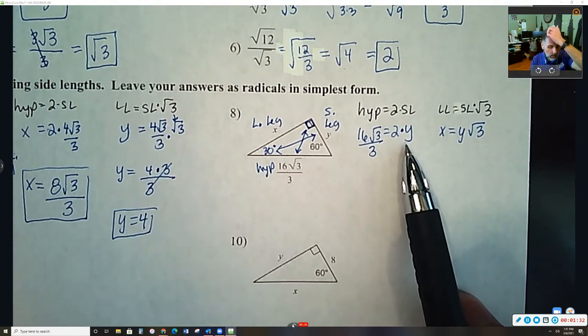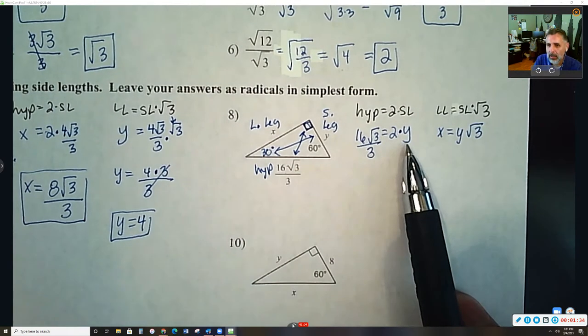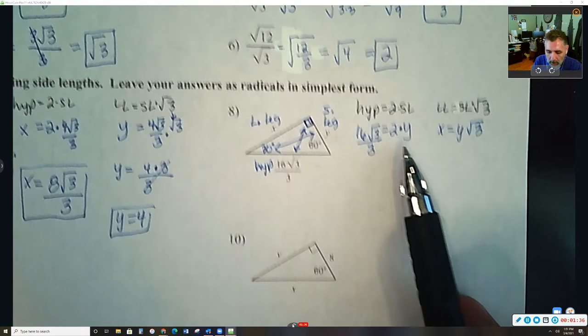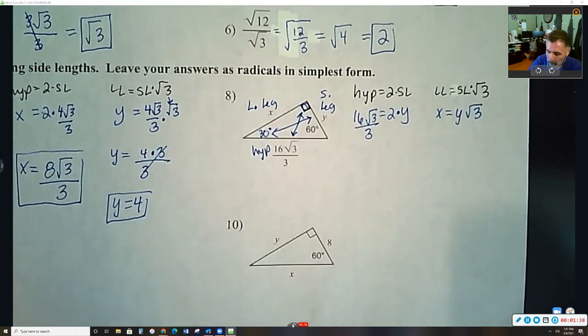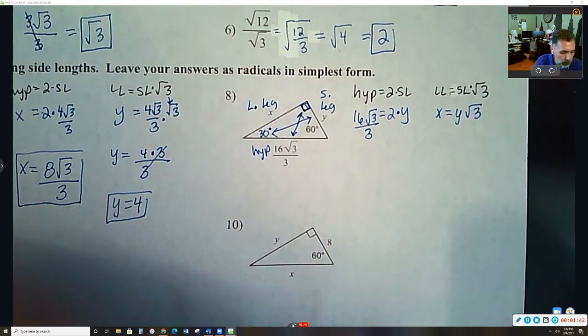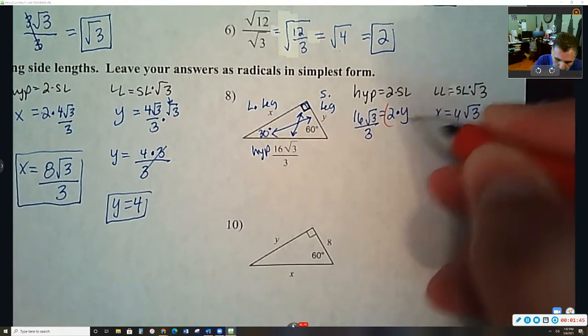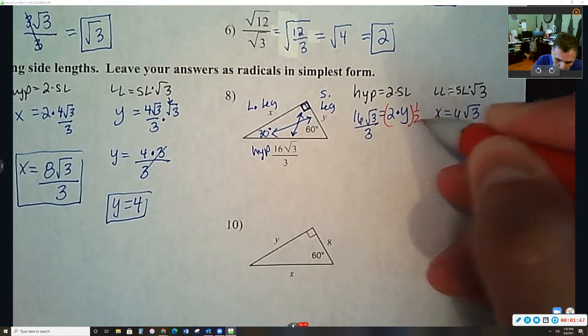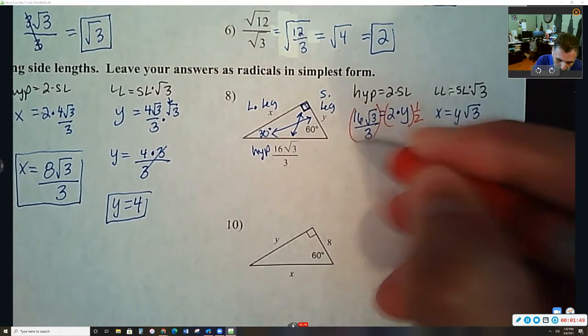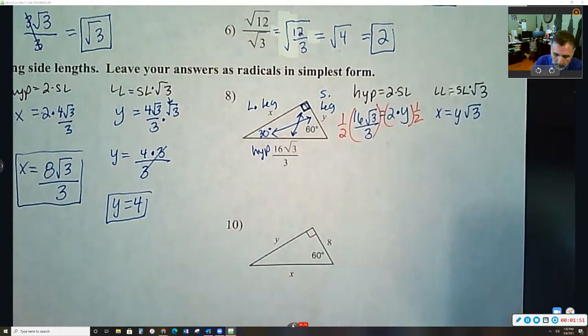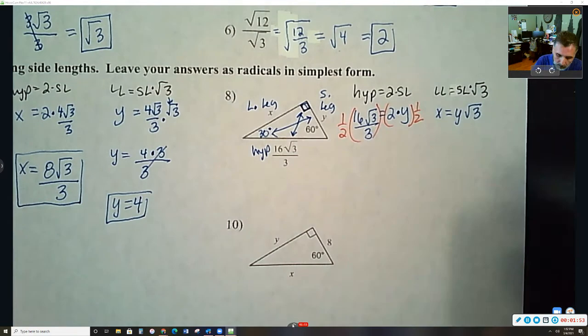So to solve this, what I did in class was divided by 2, but I did mention if you multiply both sides by a half, it also cancels. So I'm going to take this side and multiply by a half. This side, multiply by a half, and this is what you get.